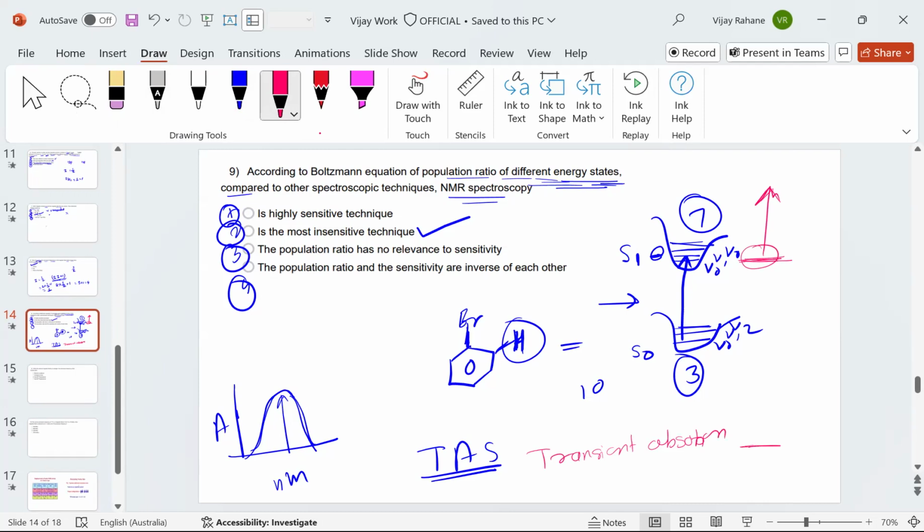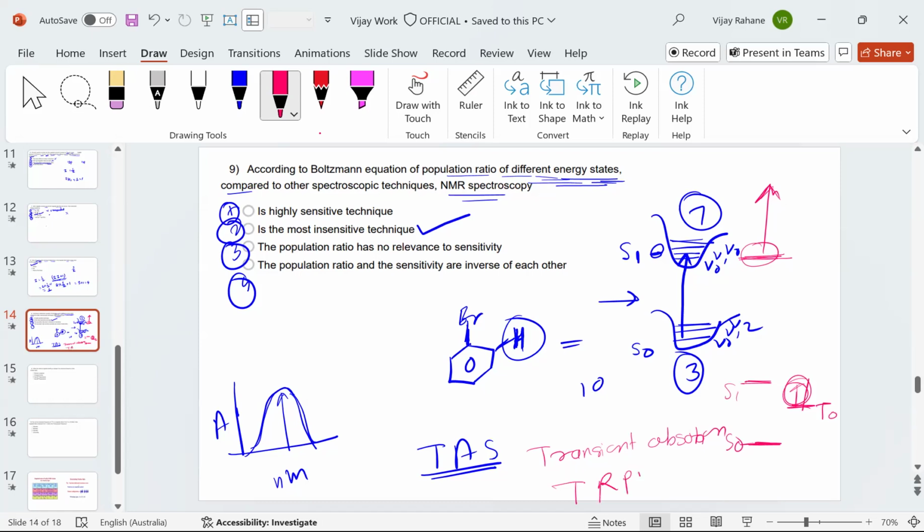Also, we have the singlet, S0 and S1, and here the triplet. Whether there are any molecules in the triplet or not, we can get by using TRPL. So these are different techniques that deal with the excited state, but not NMR spectroscopy.